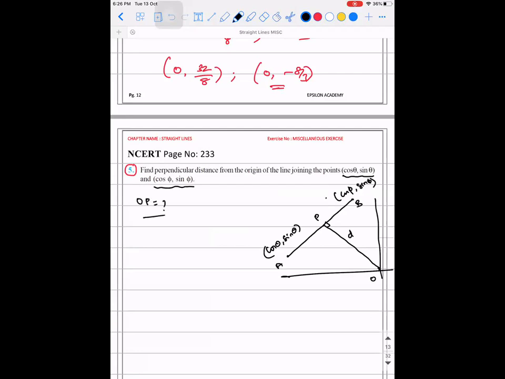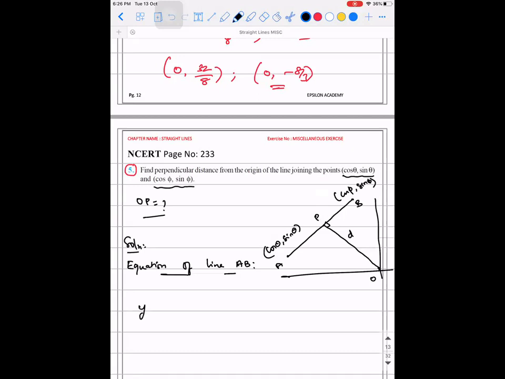OP is equal to what? So how do we proceed? If you need the perpendicular distance from a point to a line, the first thing we need is the equation of the line, right? So what is the equation of line AB?